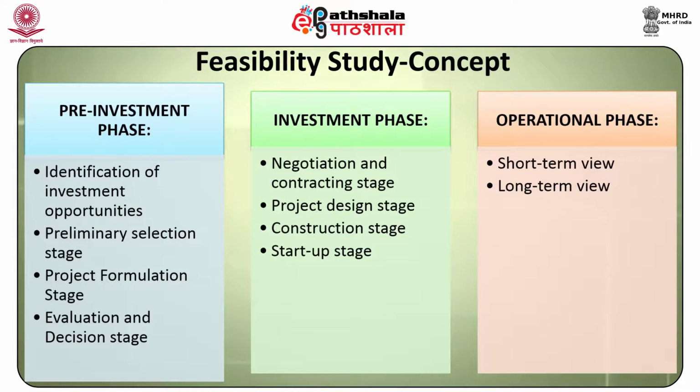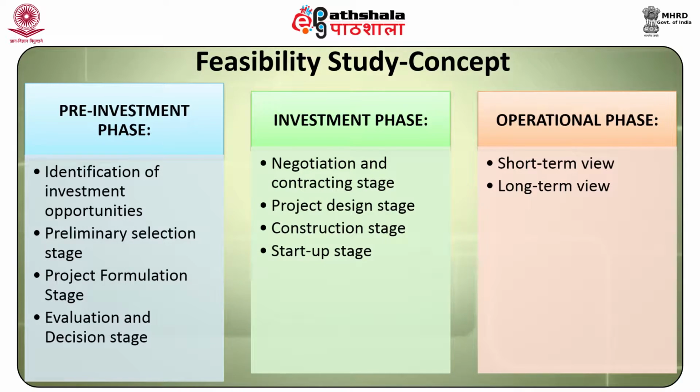UNIDO has divided project cycles and phases as follows. 1. Pre-investment phase. This covers A. Identification of investment opportunities, B. Preliminary selection stage, C. Project formulation stage and D. Evaluation and decision stage. 2.